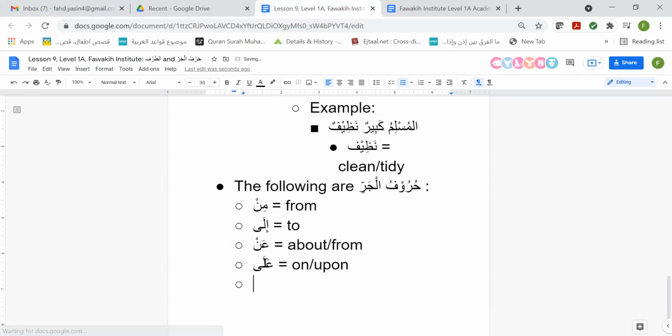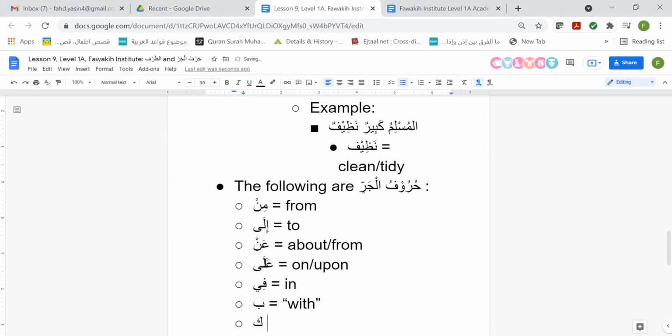Ala, on or upon. Fi, in. Ba, with, but it just depends. Kaf, like just a kaf by itself.